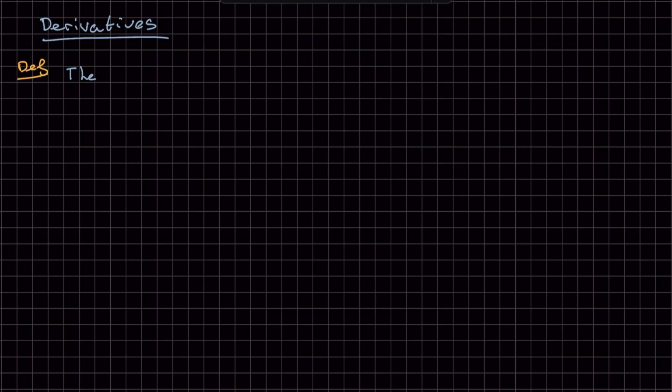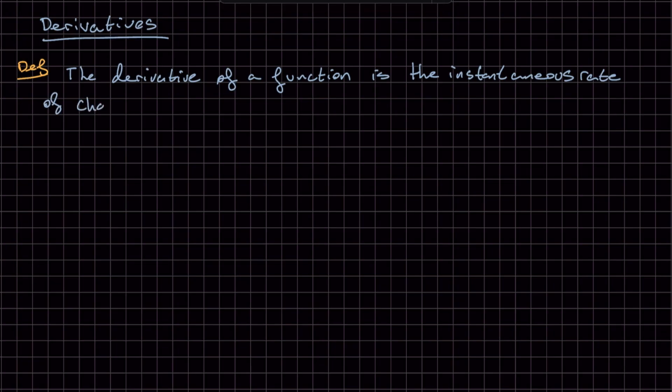Definition: the derivative of a function is the instantaneous rate of change.